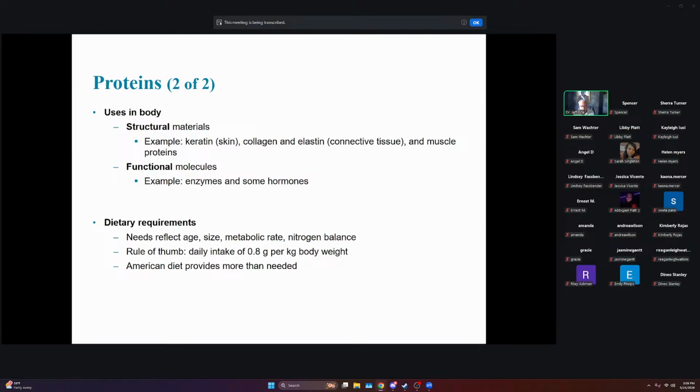And then proteins, they kind of say it depends on your age, your body size, your metabolic rate, your physical activity levels, your health, etc. But the general rule of thumb is around 1 gram of protein consumed for every kilogram of body weight, okay? Again, we're very blessed in the Western world, America in particular, in that our diet, typically, we don't have shortages of protein. We typically don't run into protein deficiencies here in the United States.